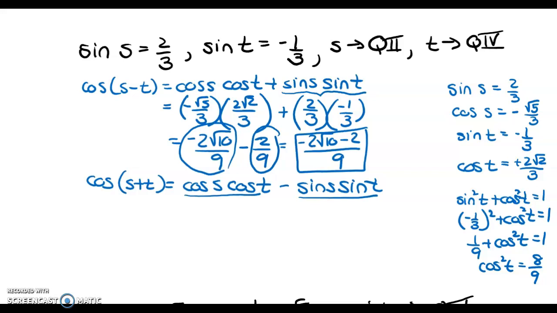No. Okay, so this is going to look like this. If I'm going to do this, I have to do this right. So it's -2/9. I got -2 radical 10/9 when I multiplied the cosine of s, cosine of t, and then I got a -2/9 here. So now here I have to subtract instead of add. So I get -2 radical 10 plus 2/9.